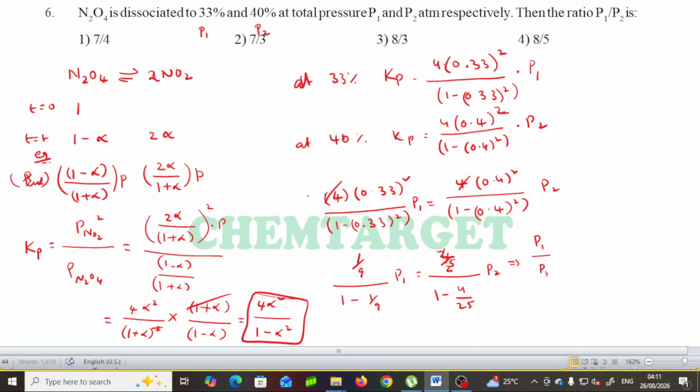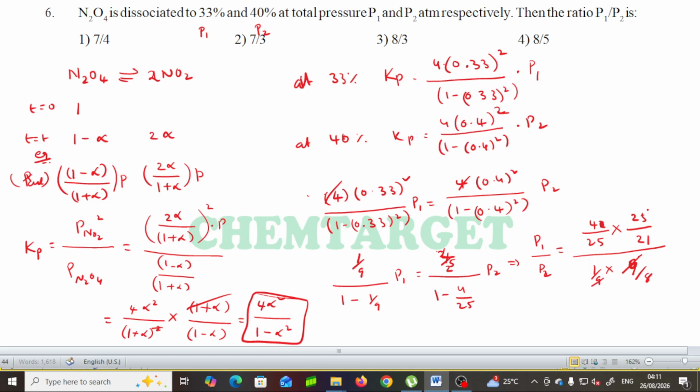So P1 by P2 is equal to 4 by 25 into 25 divided by 21, total divided by 1 by 9 into 9 by 8.